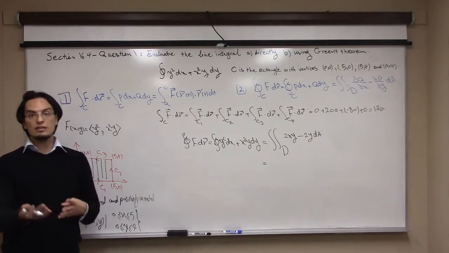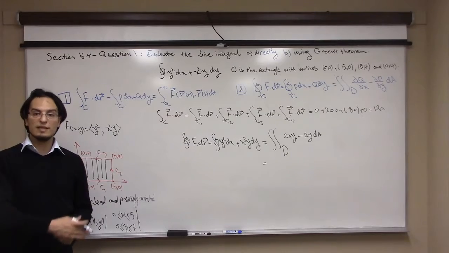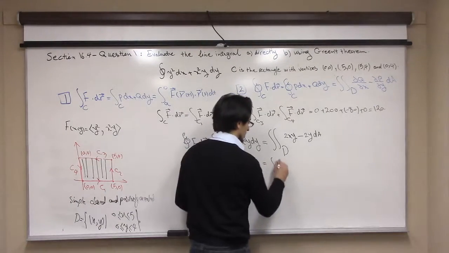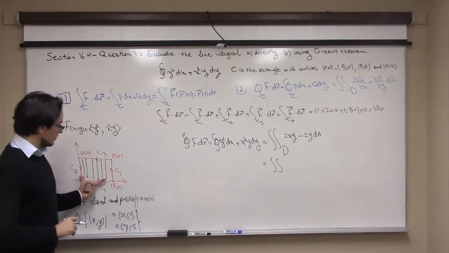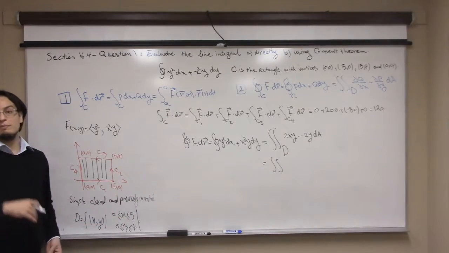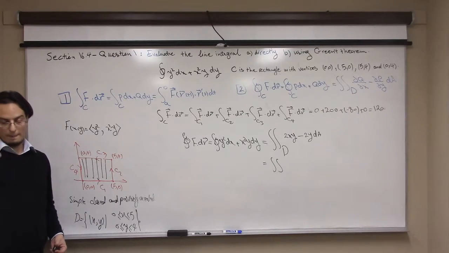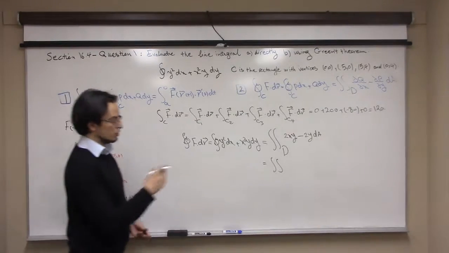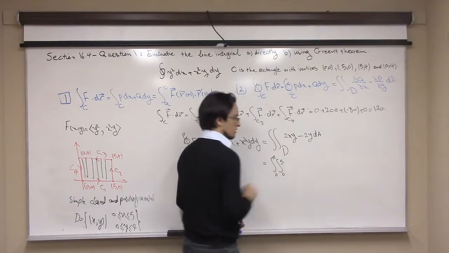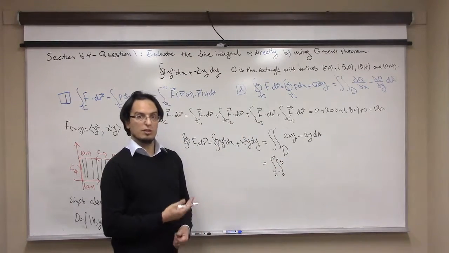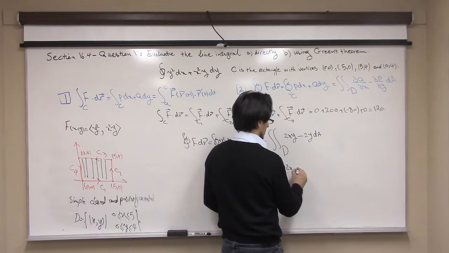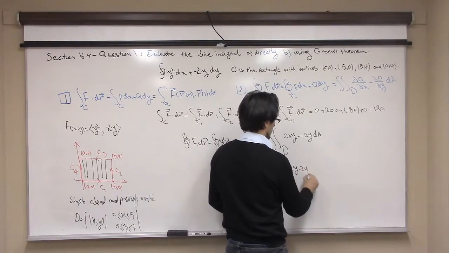Now, to evaluate the double integral, I have to make it into an iterated integral. It is a rectangular region. That means the best thing would be to make it into a Cartesian iterated integral. So I have 2xy minus 2y.